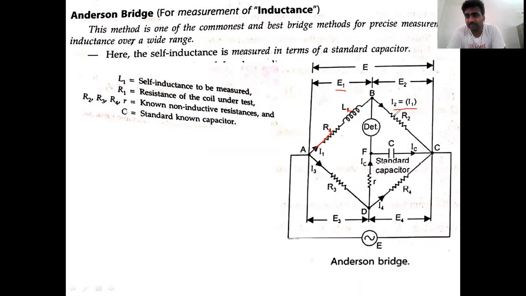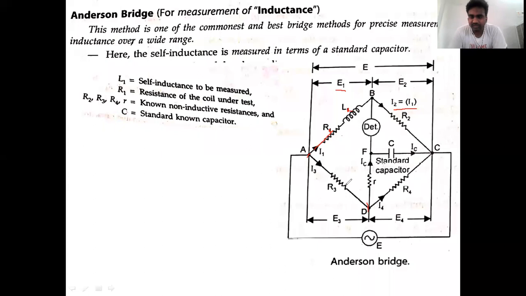The second path from B to C is a pure resistance path, that's why we have a resistance element here, and the voltage drop is E2. The third path is from A to D, and the current flowing is I3.